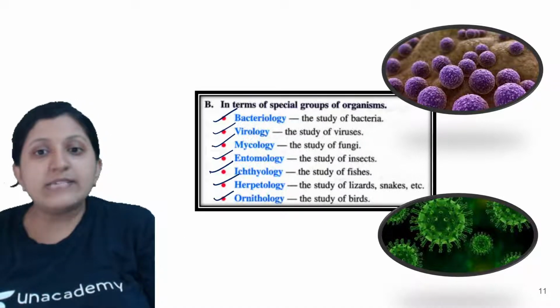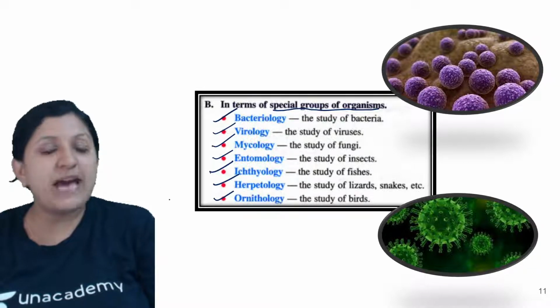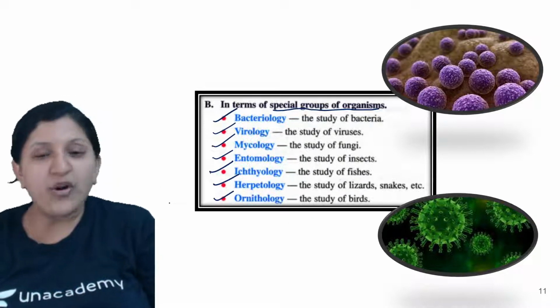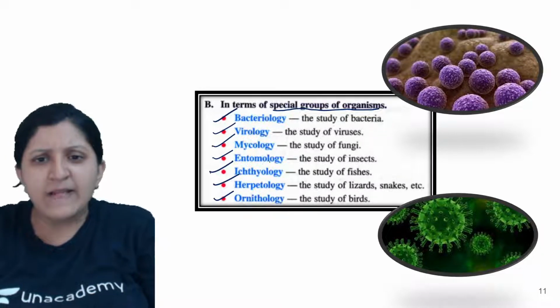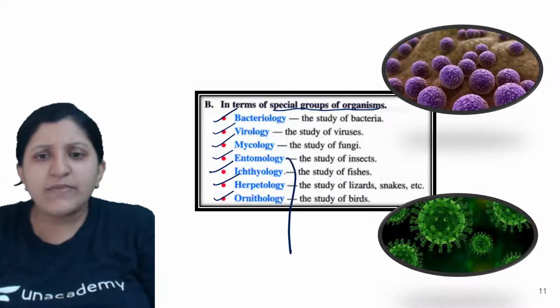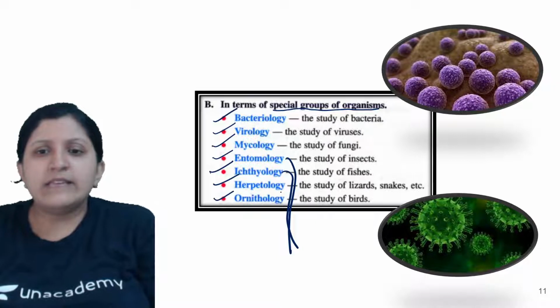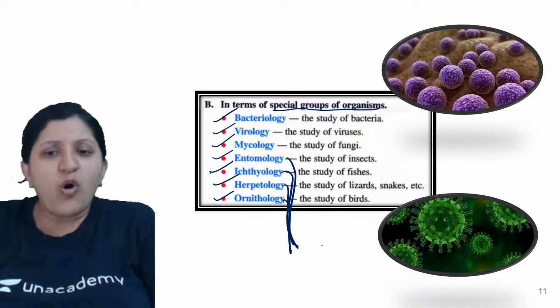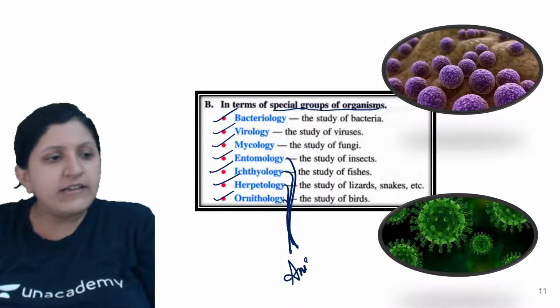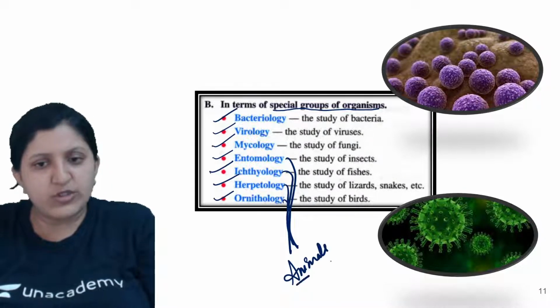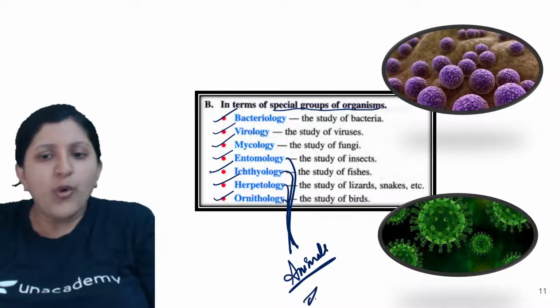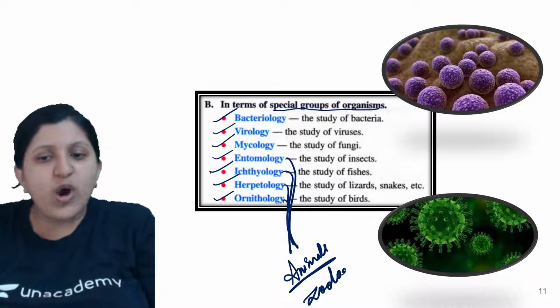So now this is a special group of organisms. So why do we call them a special group of organisms? So you all know that the insects, the fishes, the snakes, lizards, the birds, everything, all of these are considered under animals itself, which is actually a part of zoology itself.